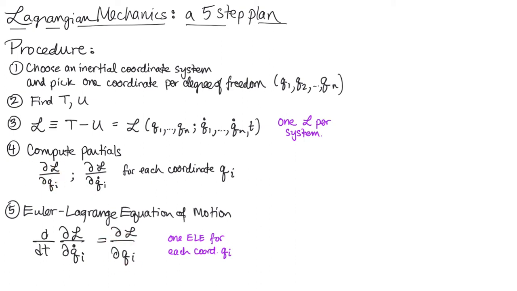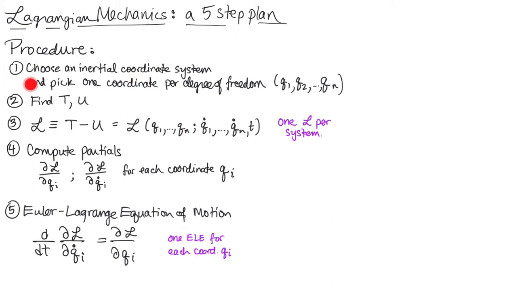So just to review, there's one Lagrangian for the entire system. Out of that Lagrangian, however, you will get an equation of motion, a so-called Euler-Lagrange equation of motion, for each coordinate. So if you have a system with 3 coordinates, you're going to have one Lagrangian and 3 equations of motion.